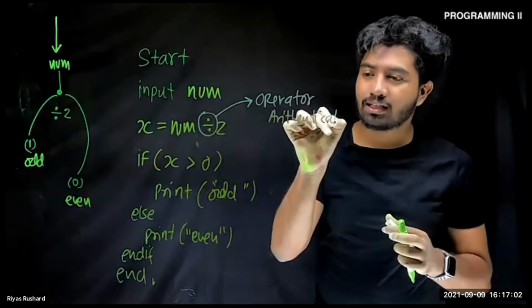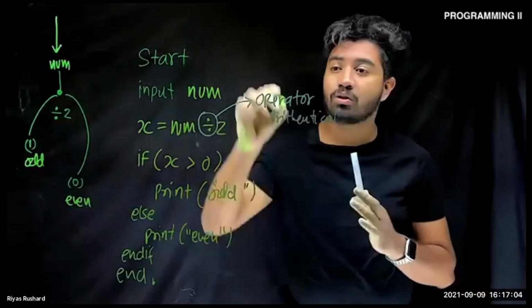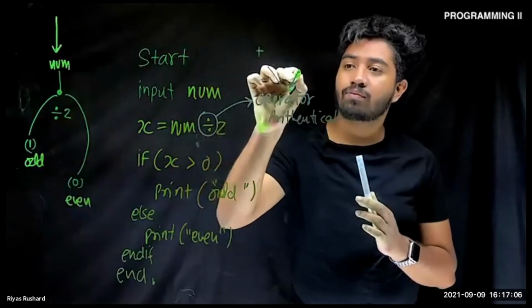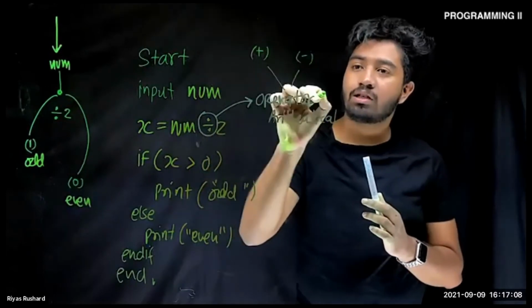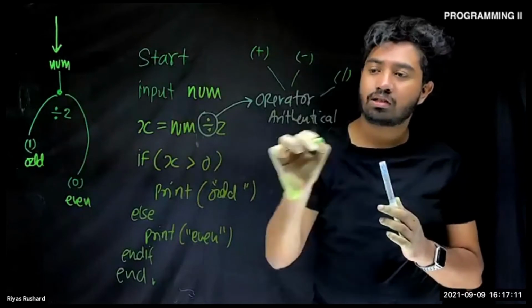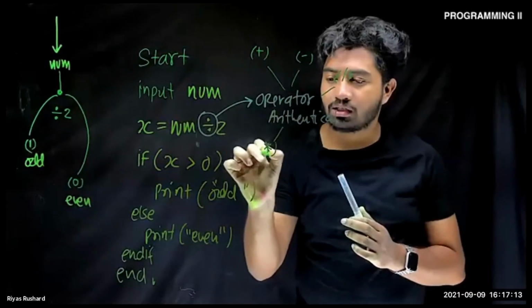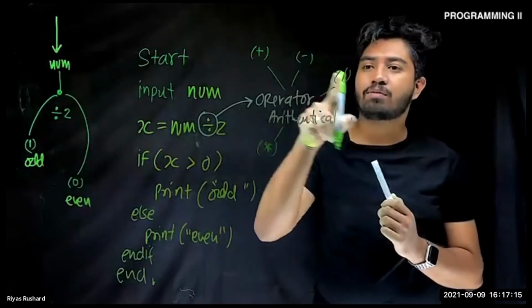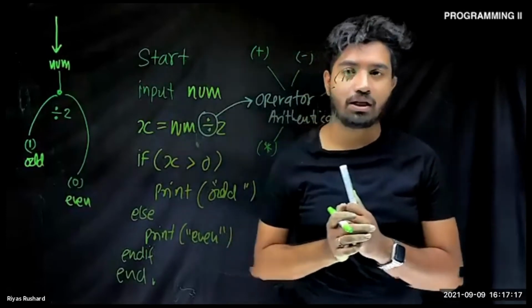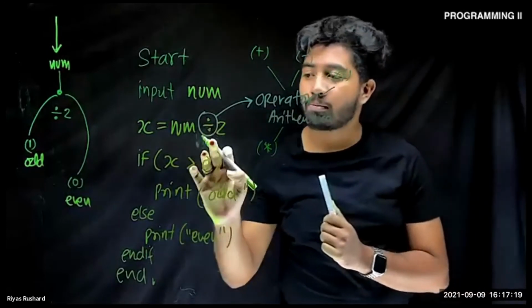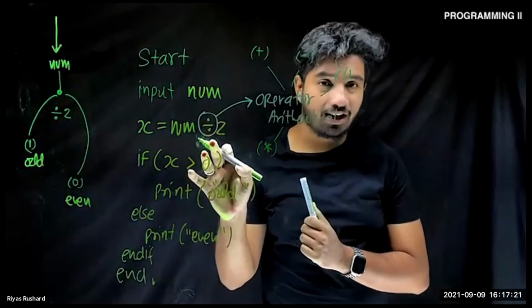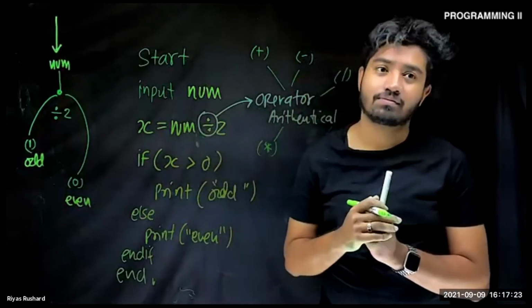Arithmetical operators are operators used to do addition, subtraction, division, and multiplication. If you want to divide, you use this sign.